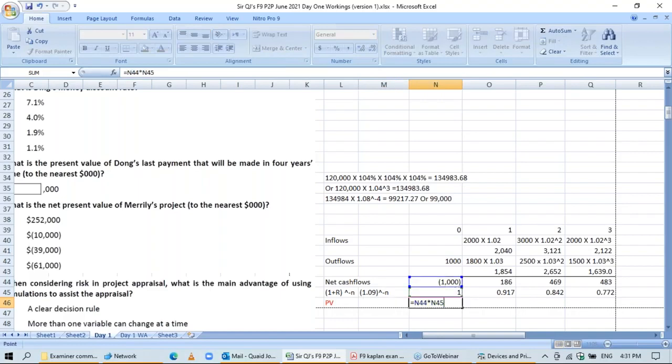minus $1,000 multiplied by 1, and then 186 into 0.917, $469 multiplied by 0.842, and then finally 483 multiplied by 0.772.